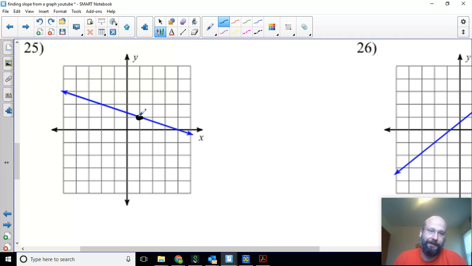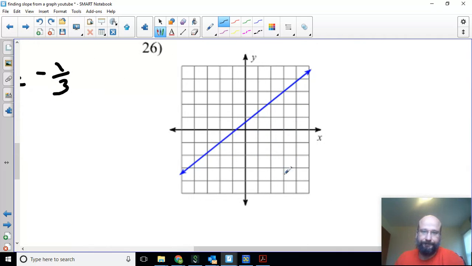It's got to be where the corner of the box is. So those are good points. This one would also be a good point. And then once you find them, just connect the lines. That's 1, 1, 2, 3. That's 3. And it's negative, slope m. It's negative 1 over 3.